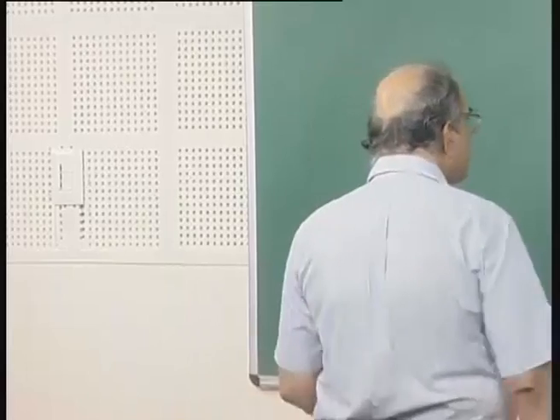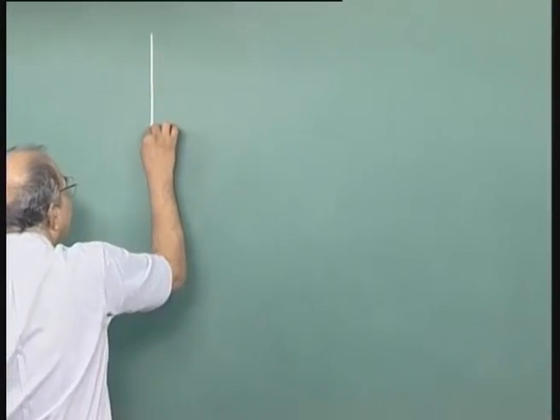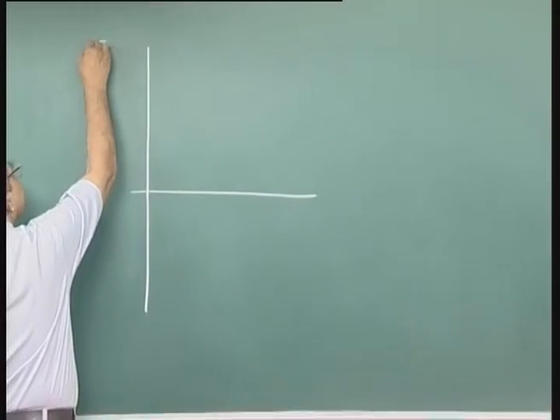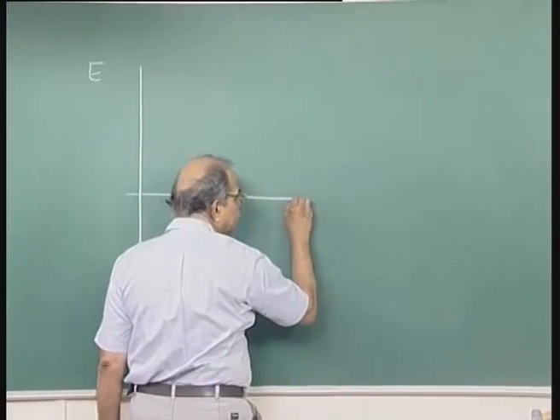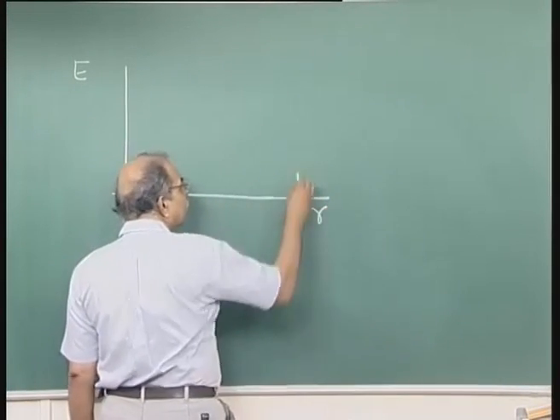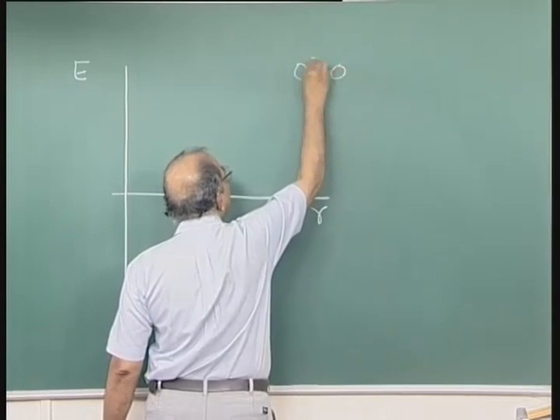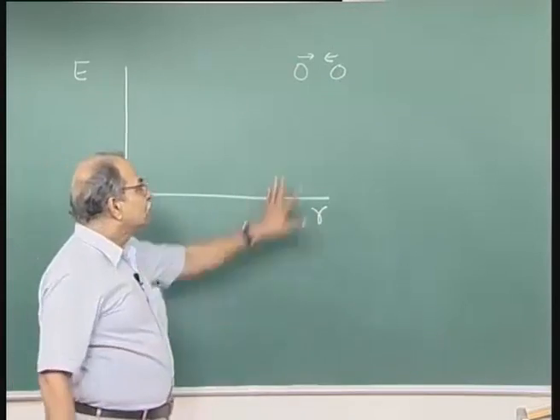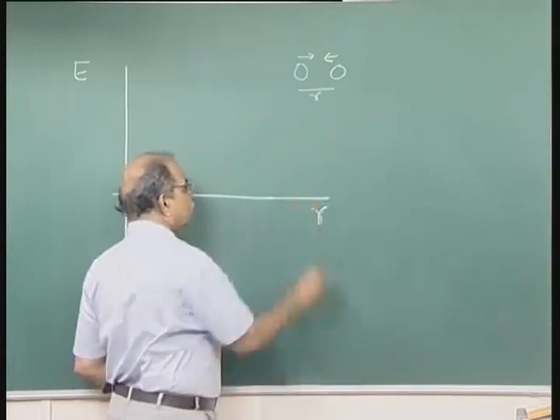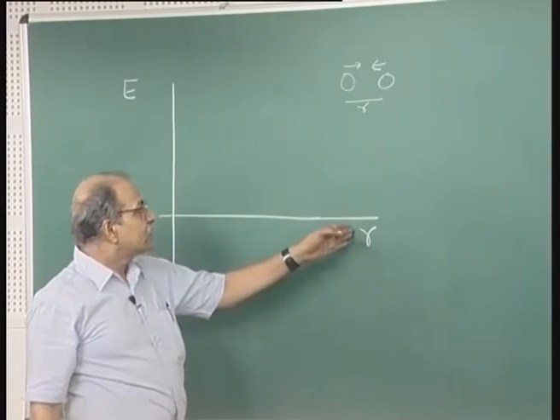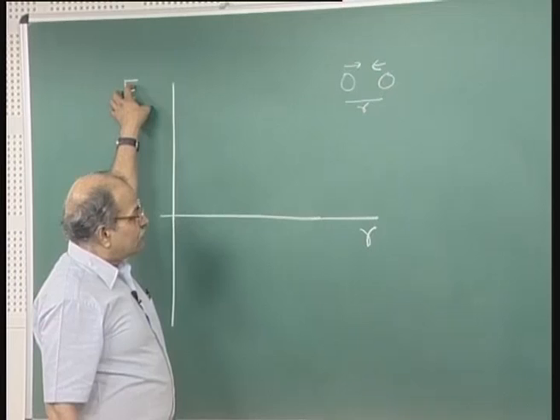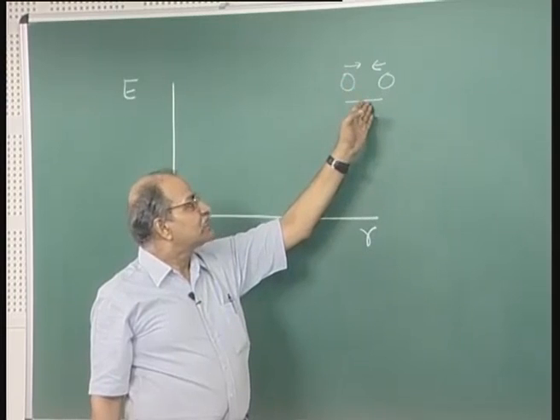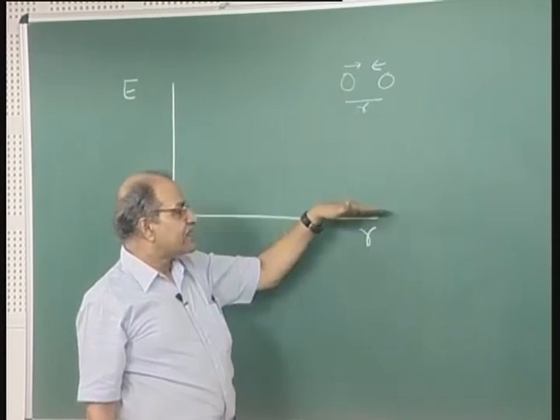So, if I plot that, energy on this side and the separation between the nuclei on this side. If you have two nuclei approaching each other and finally trying to combine, this separation r is what we are plotting on the horizontal axis, and the energy is on the vertical axis. Initially, if they are widely separated, if r is much larger, I take the energy as 0.